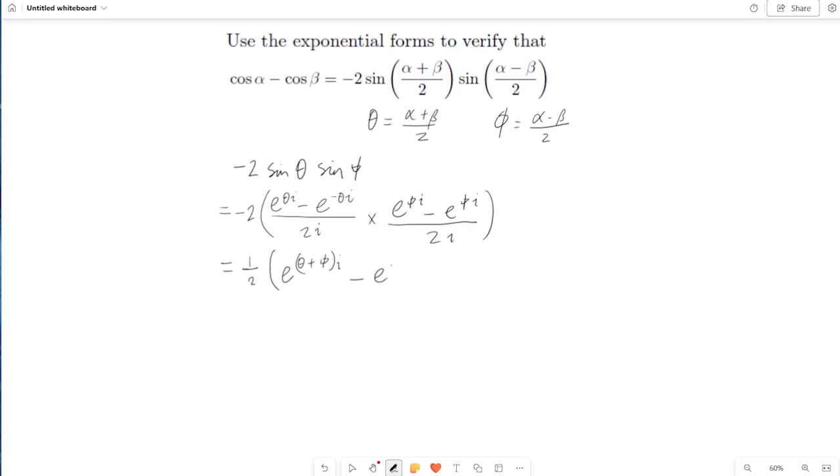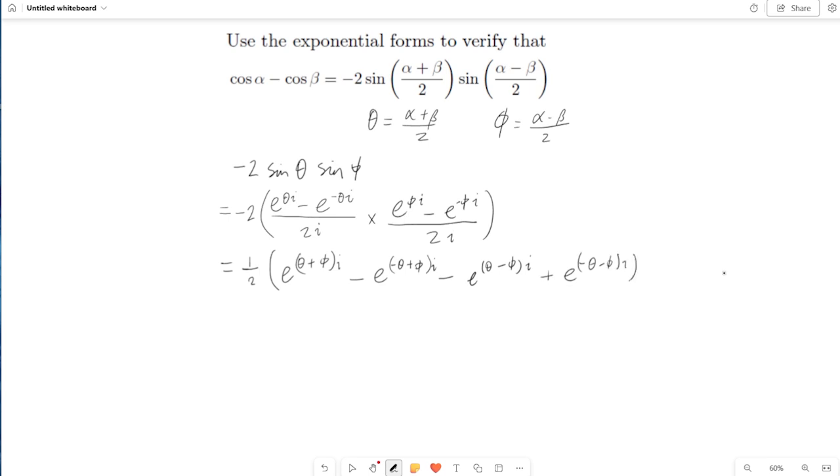Minus e to the power of minus theta plus phi, i, minus e to the power theta, it's a minus here as well, theta minus phi i, and then plus e to the power of minus theta minus phi i.